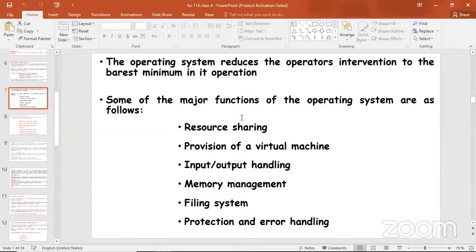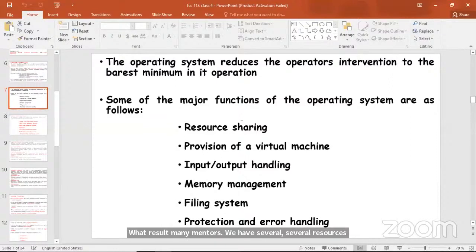However, for resource management, we have several resources. When I mean resources, we have several parts on the computer, and we have several other things added to the computer, like the printer, like scanner, like your mouse, and a host of other things. So all these resources can be managed effectively by the OS. When I say OS, it means operating system.